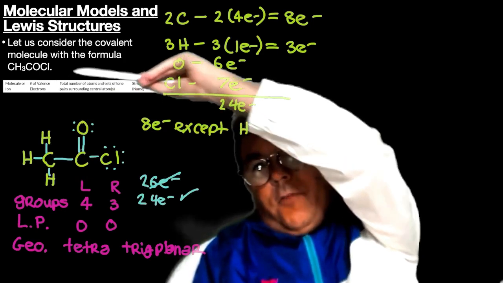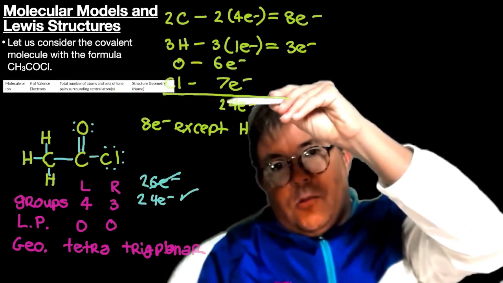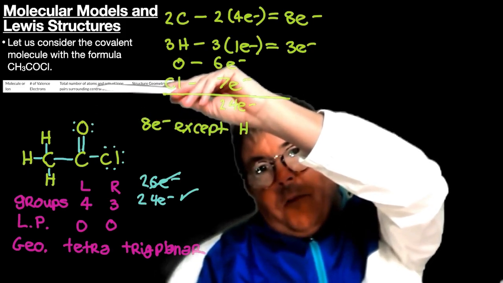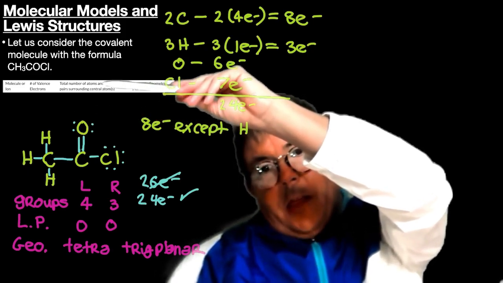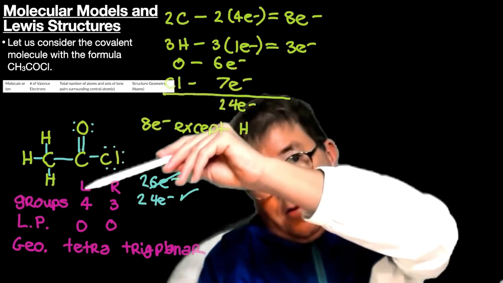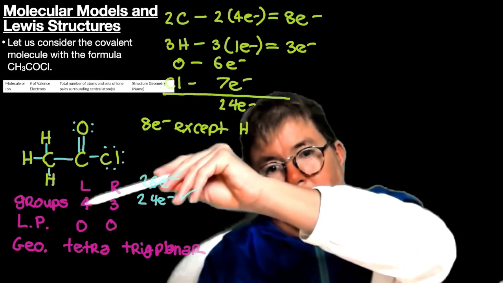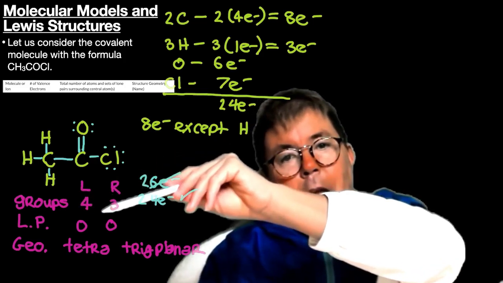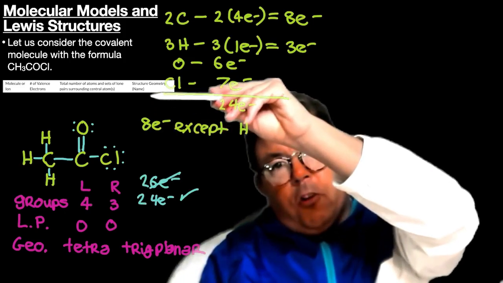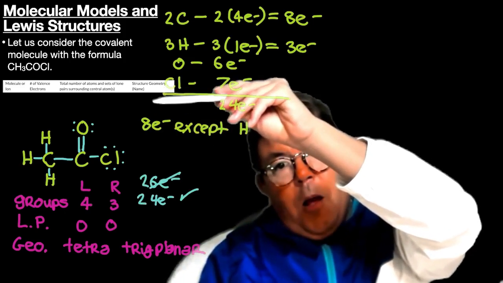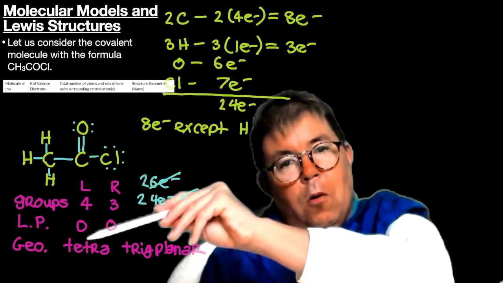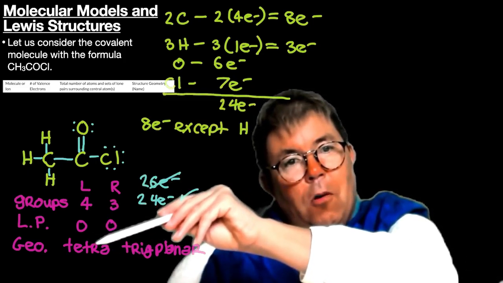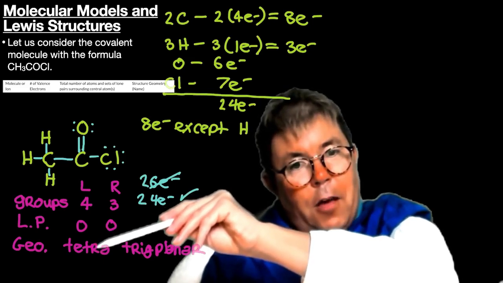You will count the valence electrons like we did right here. This middle column, the total number of atoms and lone pairs, that is the number of groups. So because there are 2 central atoms, we would write 4 and 3. Structure or geometry name would be trigonal planar for the right and tetrahedral for the left.